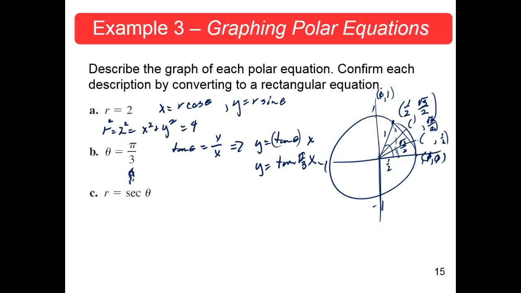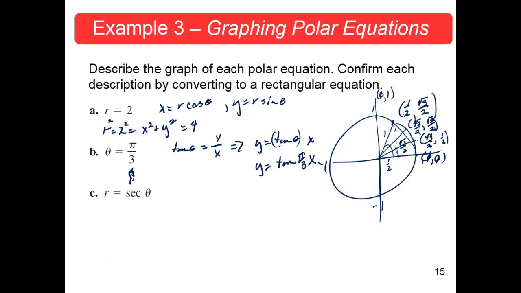Do the same thing in the reverse direction for the x coordinate: square root of 0 over 2, square root of 1 over 2, square root of 2 over 2, square root of 3 over 2, and square root of 4 over 2, which is 1. These ought to be pretty easy to remember. And this is pi sixths, pi fourths, pi thirds, and pi halves. Those should come pretty easily.